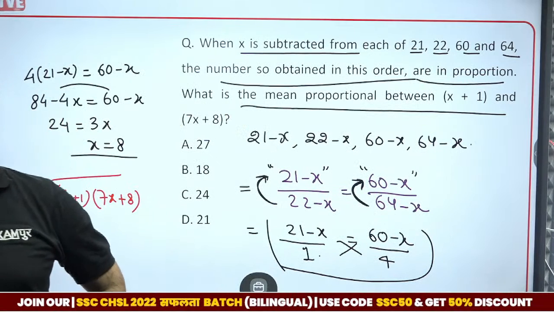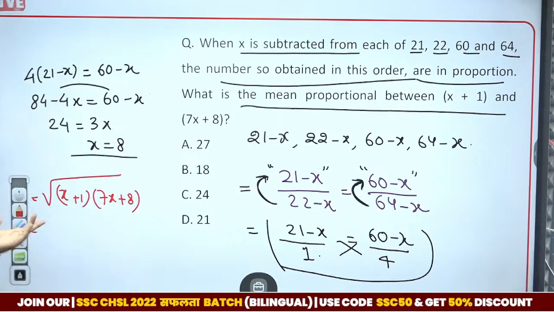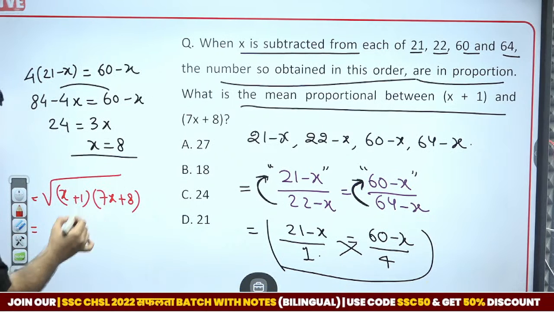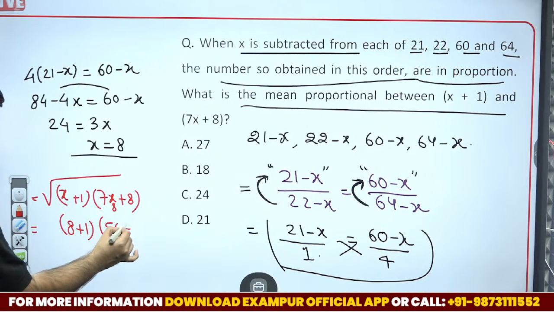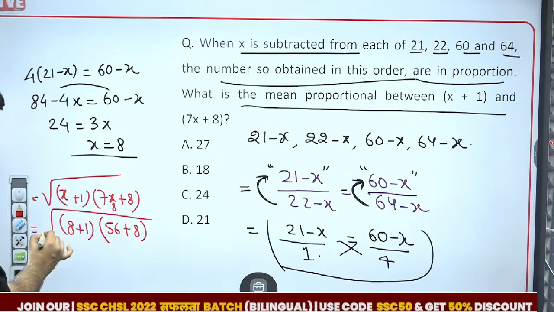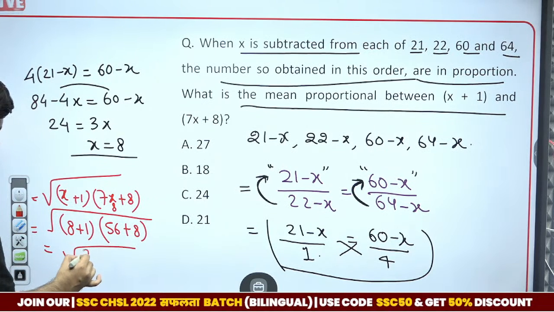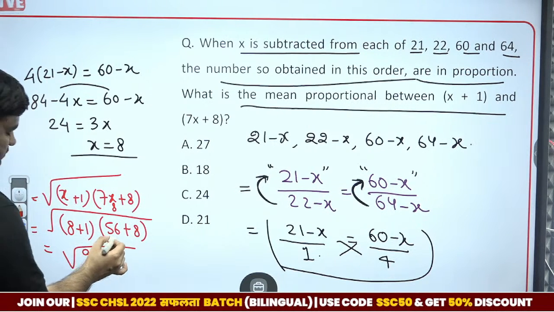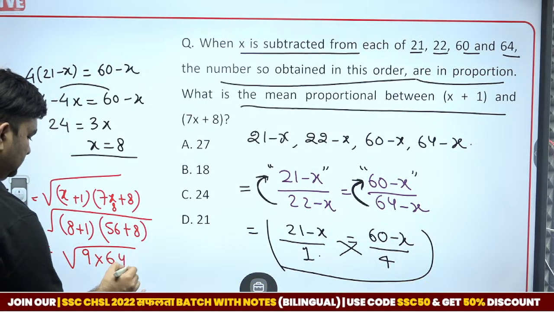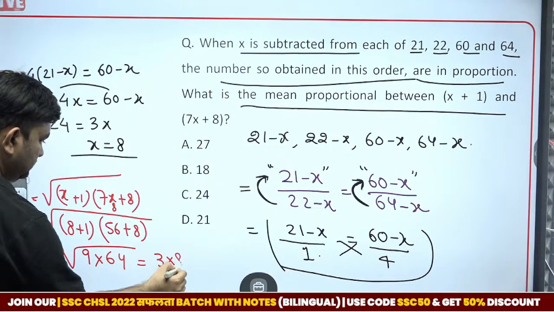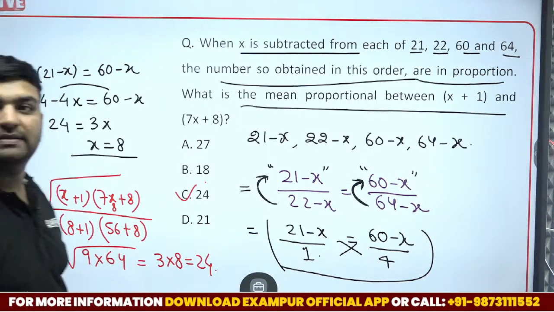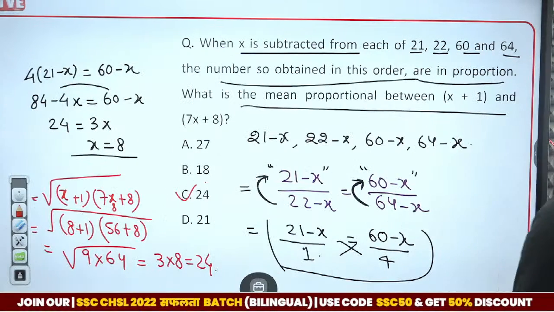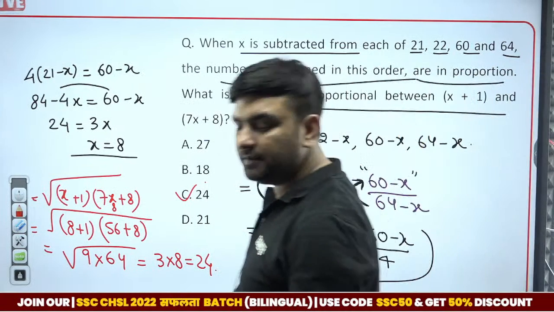So this is also under root x plus 1 times 7x plus 1. Put x as 8. 24 is the answer.